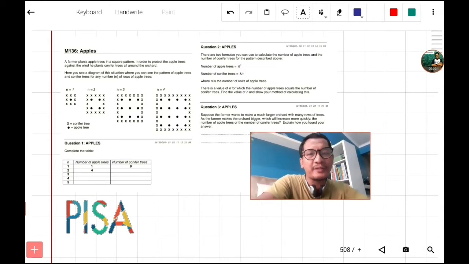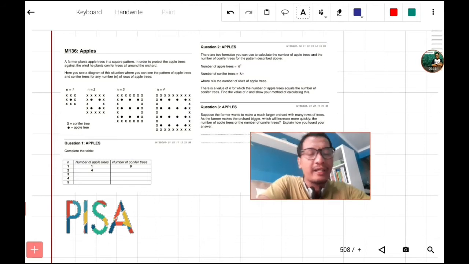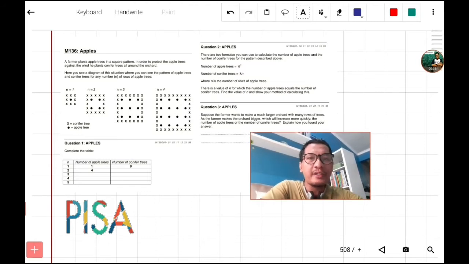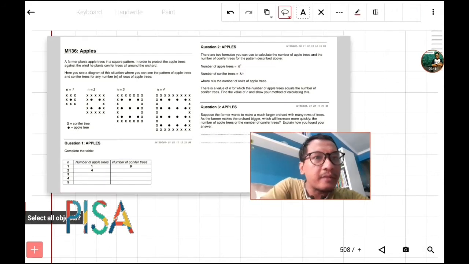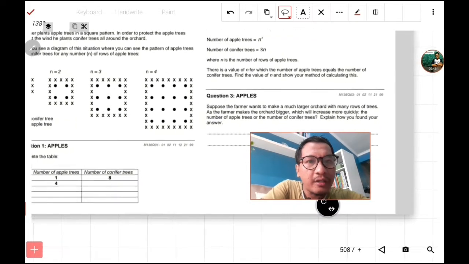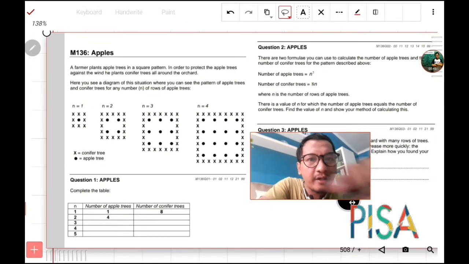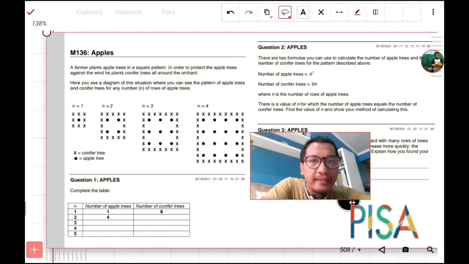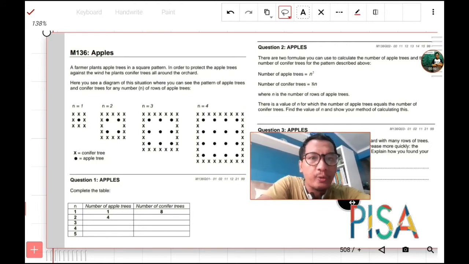Read the problem. The title of the problem is Apples. Oh, the font is very tiny, let me zoom. A farmer plants apple trees in a square pattern.